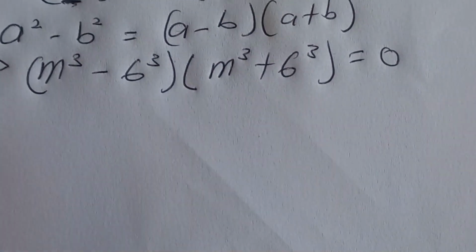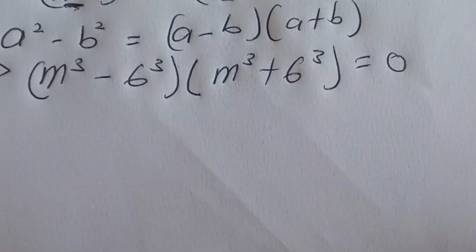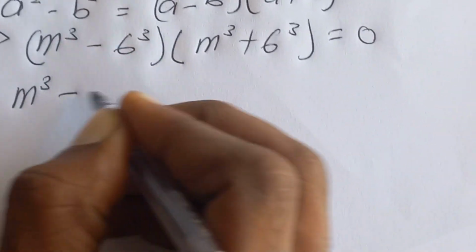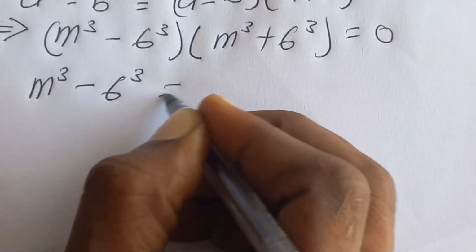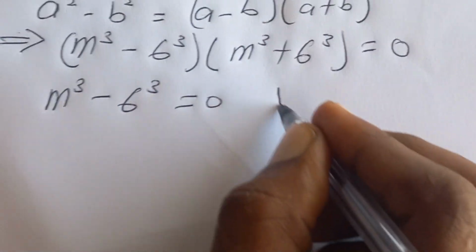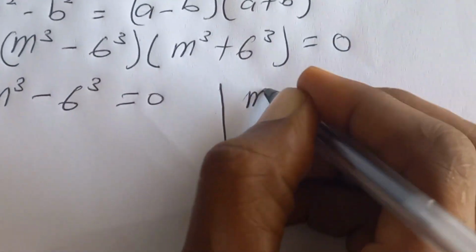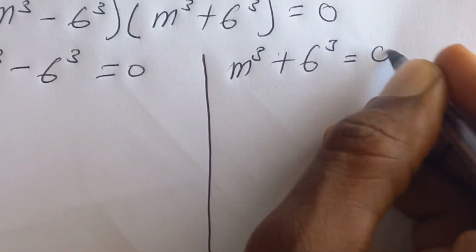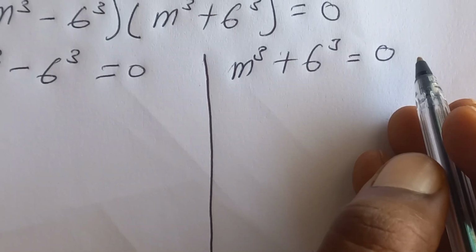Now, we have two cases here. First one, we have m cubed minus 6 cubed is equal to 0. And then m cubed plus 6 cubed is also equal to 0. So we have case 1 and case 2.